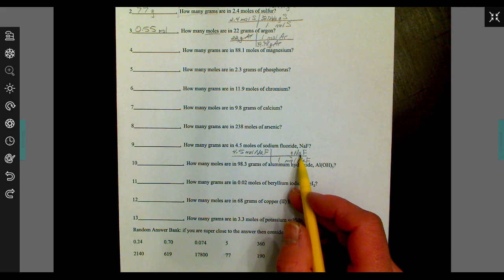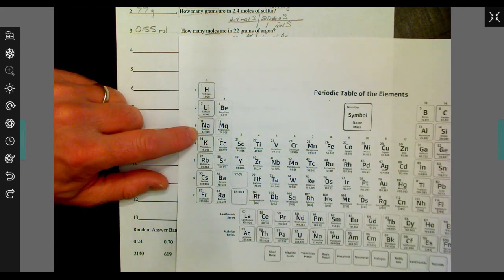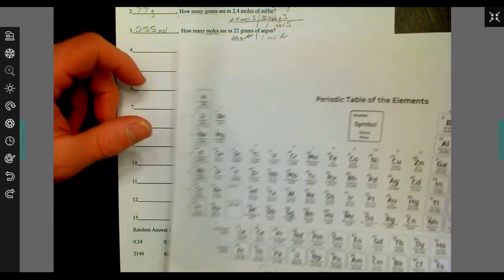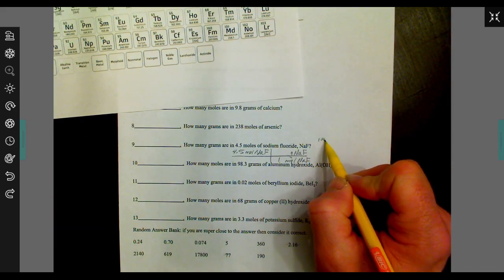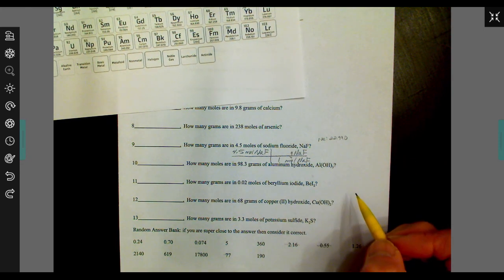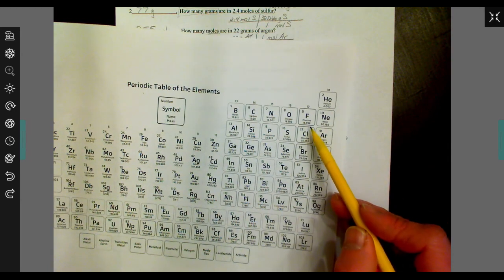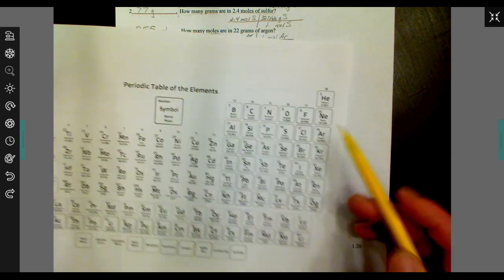So let's look up sodium, Na, right there. Na has a molar mass of 22.990. So for sodium, 22.990. Then I look up fluorine. Fluorine has a mass of 18.998.